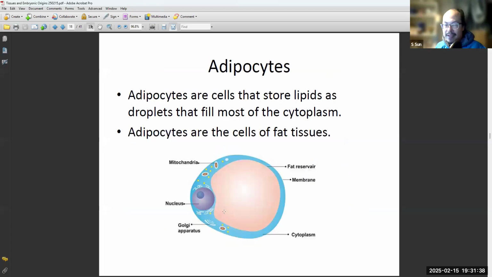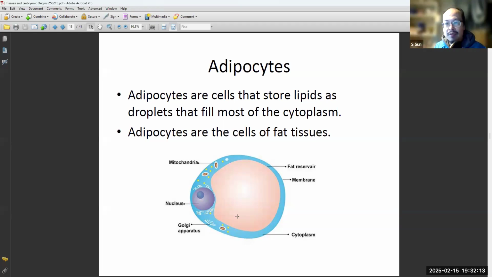Now, adipocytes are the cells in adipose tissue, or fat tissue. So adipocytes are the cells of the fat tissues. You can see this is the typical fat cell. It stores fat. Our body stores fat in different areas: underneath our skin, in the belly, we have belly fat.